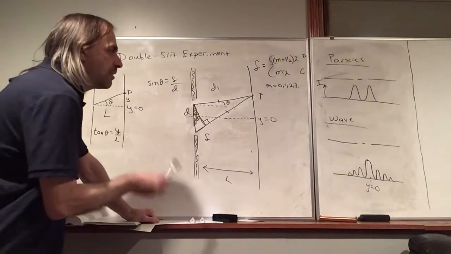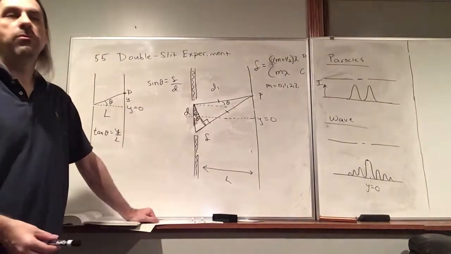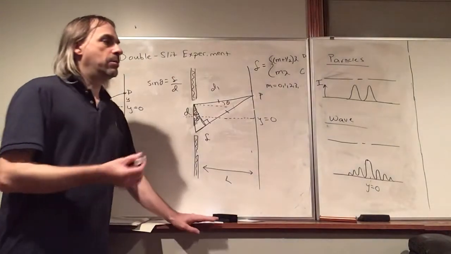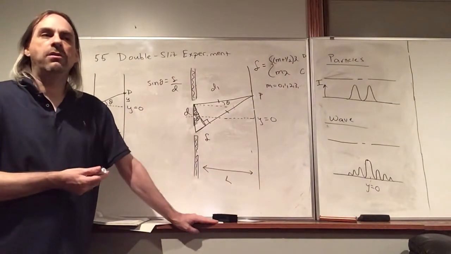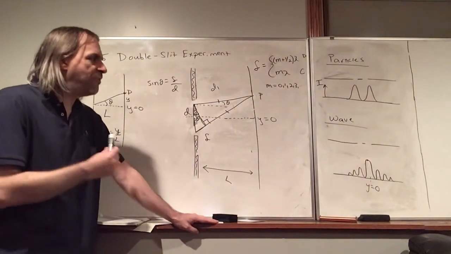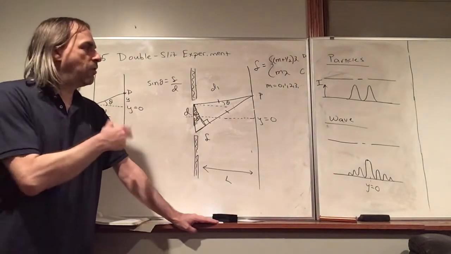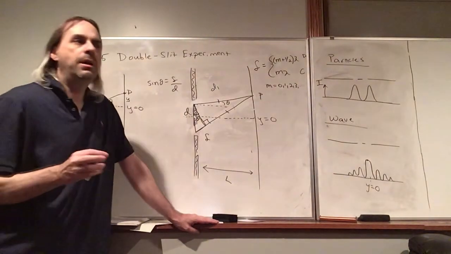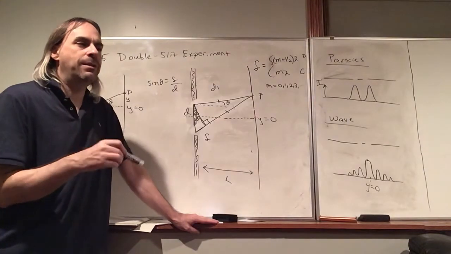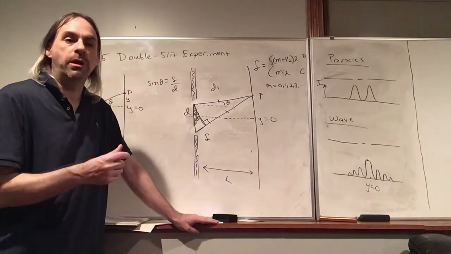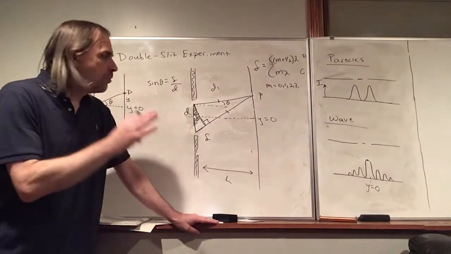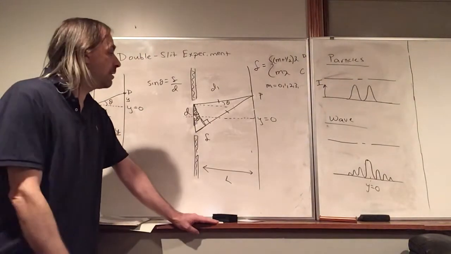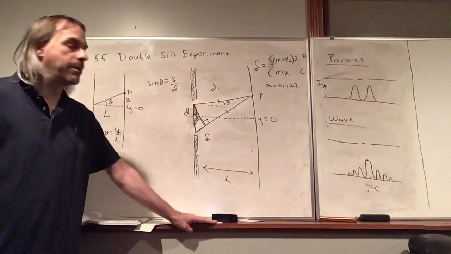Now, what I'm about to talk about has nothing to do with the material we're covering in the class. I just want to briefly mention a little bit more about the double slit experiment. I'm not going to talk about it much because I added a link to a lecture by Richard Feynman, so watch that instead of me talking about it.